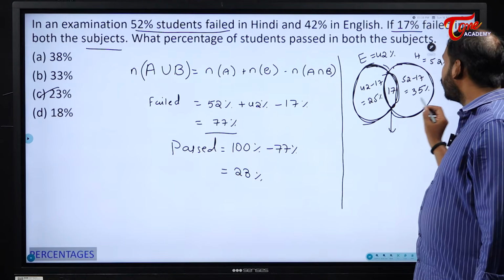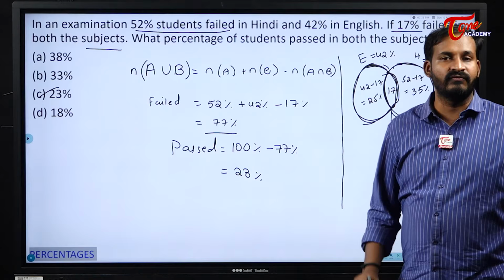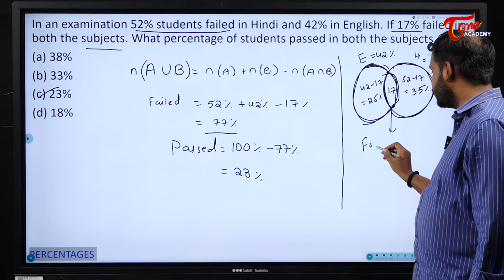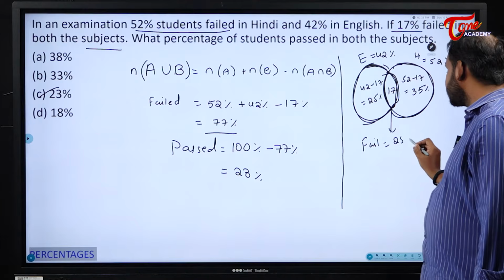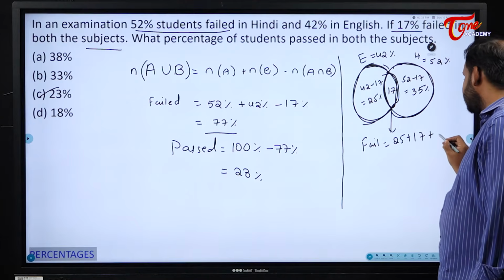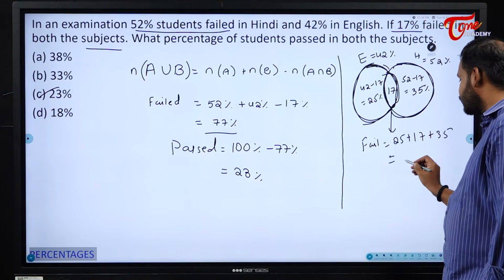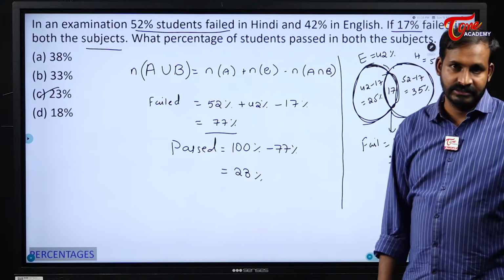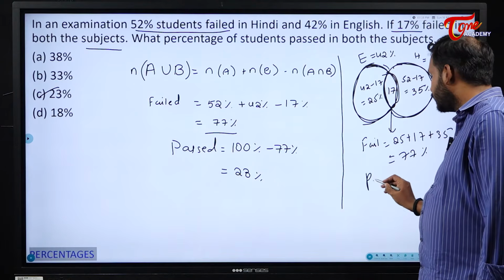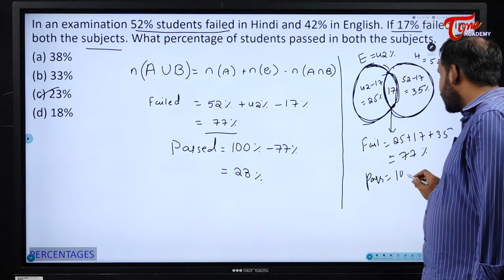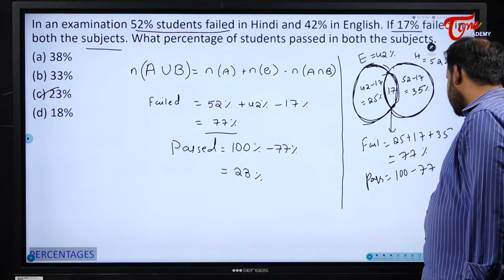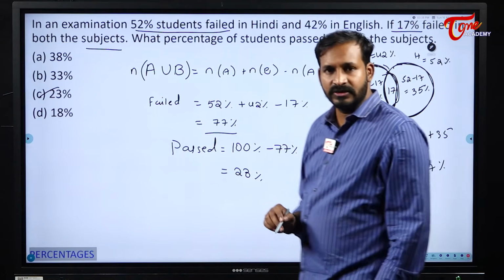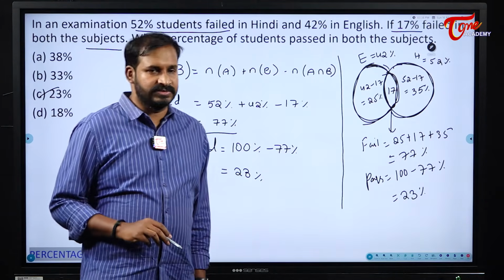Now I will add all these percentages to get the students who failed in at least one subject. 25 plus 17 plus 35 gives 77%. So the pass percentage will be 100 minus 77%, which is equal to 23%. That means 23% of students passed in both the subjects.